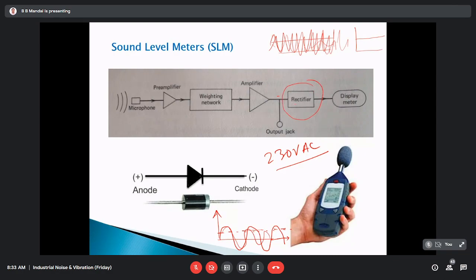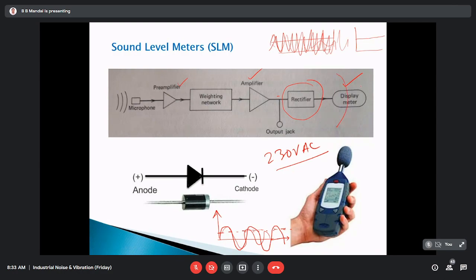Now remember these things which are not written here: whenever you are using an analog signal, you have to make the scale in such a way that whatever amplification you have done in between has to be compensated in the dial.